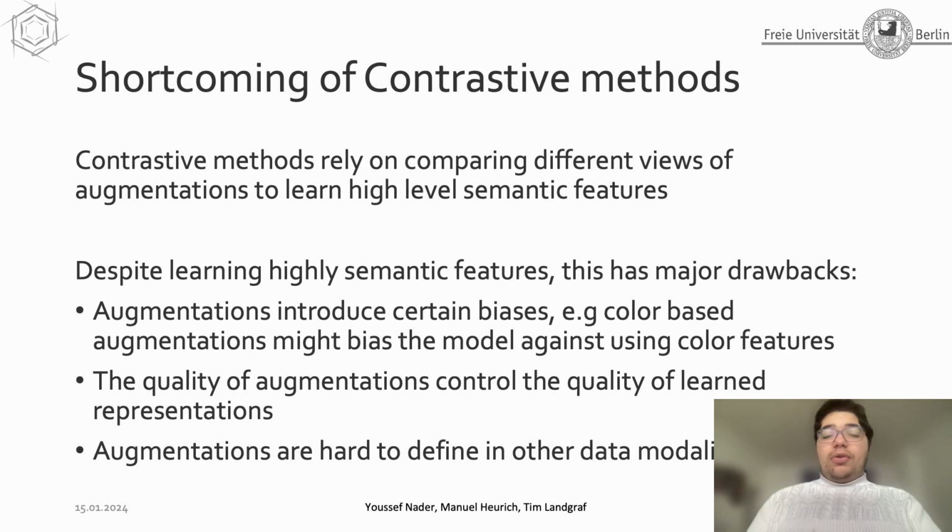Sometimes using very light augmentations does not result in good performance. Sometimes this augmentation is better than this augmentation. So it is also a very heuristic approach, and it could be limiting to the representations we're learning.